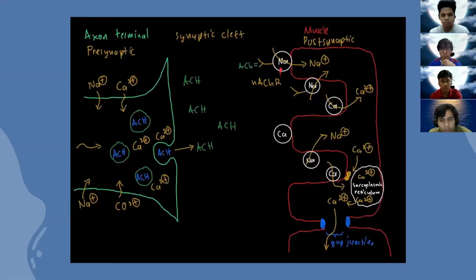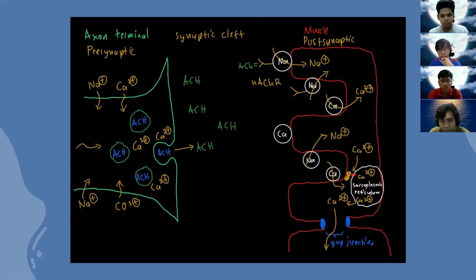After the calcium enters the muscle cell, there is the sarcoplasmic reticulum, which is a reservoir with a bunch of calcium ions. So how do we release the calcium so we can contract the muscle?